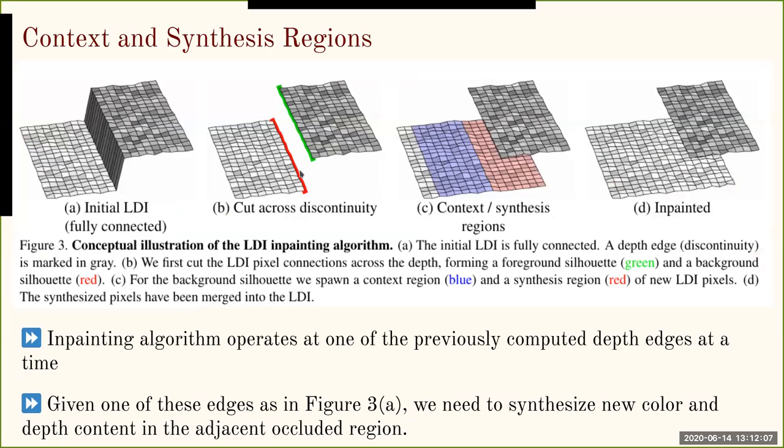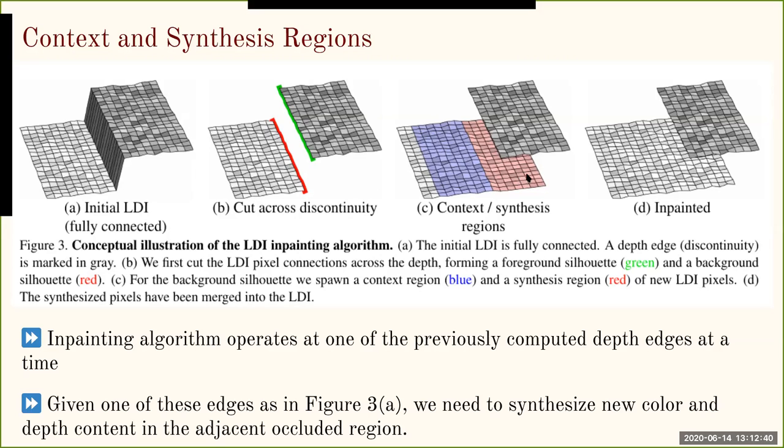Now this is the LDI. How is it happening? Suppose we are taking the parallax, so we will have different layers. Suppose this is one layer and this is another layer, and there is an edge here. It may even happen that the edge is very smooth, so the slope will be larger. What we need to do is split this edge. We create an inpainting algorithm on the lower edge, which is in the background.